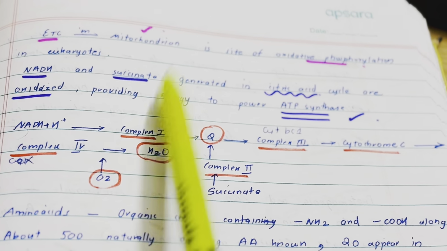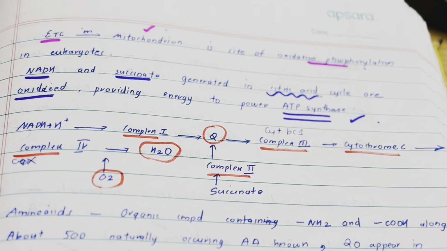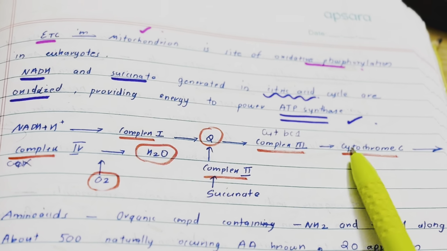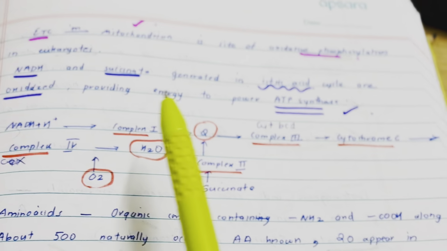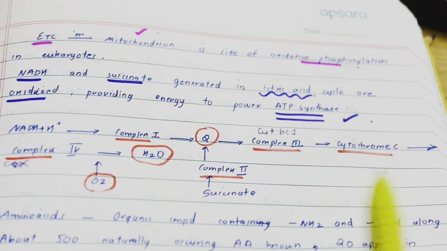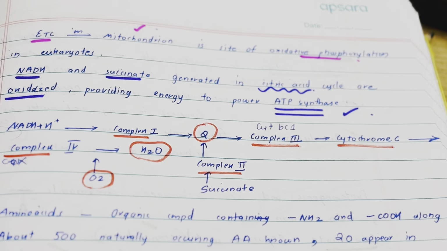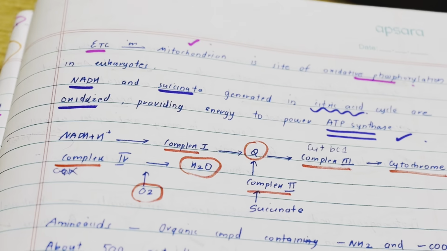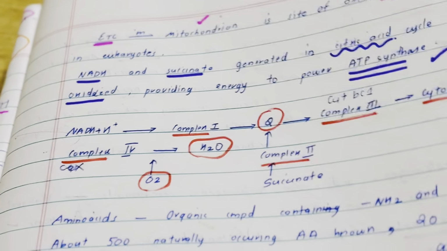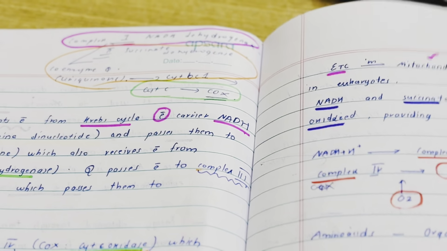So these two are generated in the citric acid cycle. This part was just shown linearly. Till here, this is all about mitochondrial electron transport. It's not so difficult.